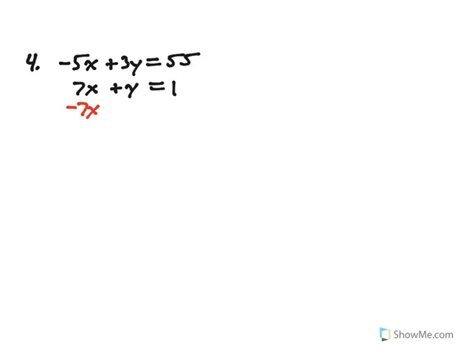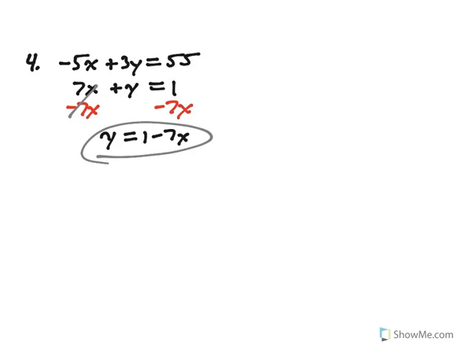And if we do that, then these will cancel, and then you're just left with y equals 1 minus 7x. And you're already there. You already have y solved. Okay? So now we're going to take this, all right, and plug it into the second equation, which will be that. Okay? So here we go.